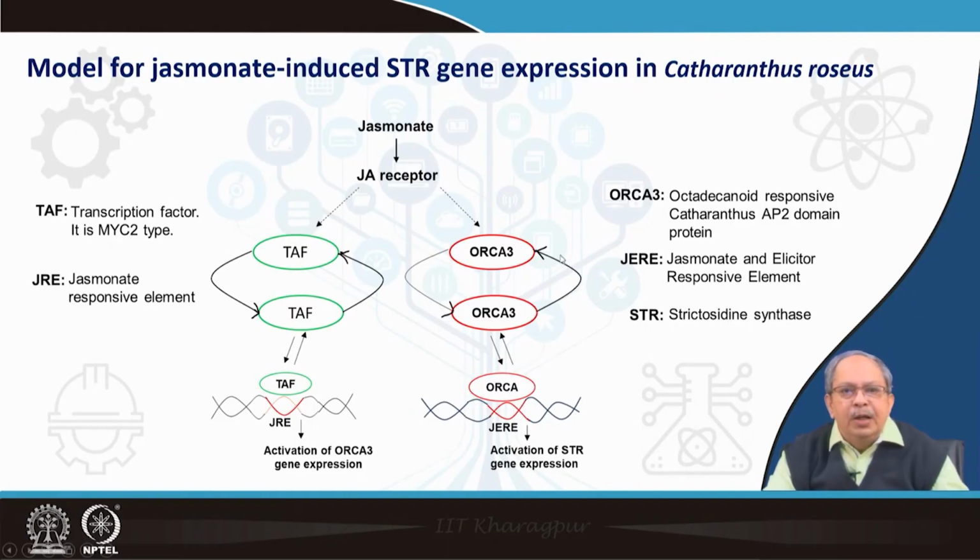In Catharanthus roseus, when they try to produce the indole alkaloids in higher amounts, one of the elicitors they have used is jasmonate or methyl jasmonate.